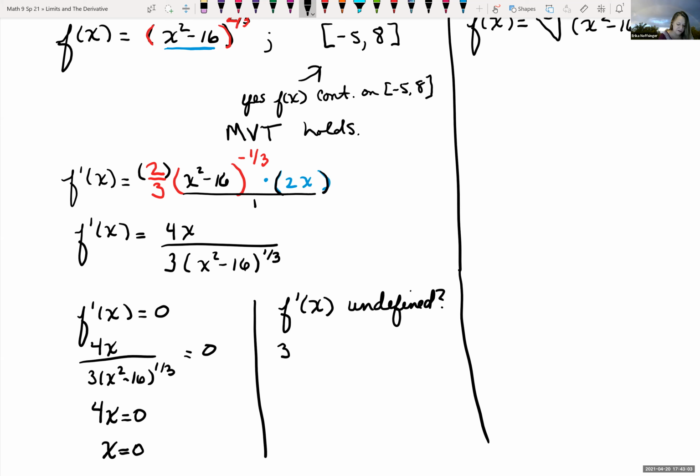So we can't have 3 times x squared minus 16 to the 1/3 power equal to 0. Let's set each piece equal to 0. So 3 equals 0, it doesn't. And x squared minus 16 to the 1/3 equals 0.